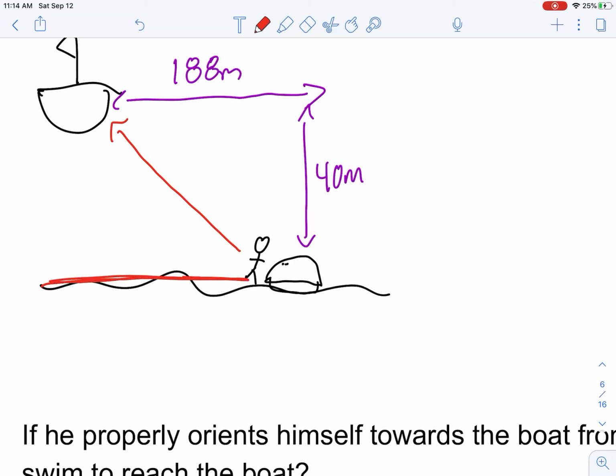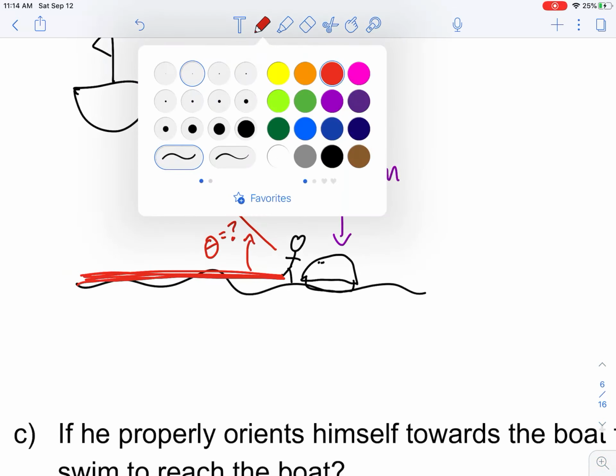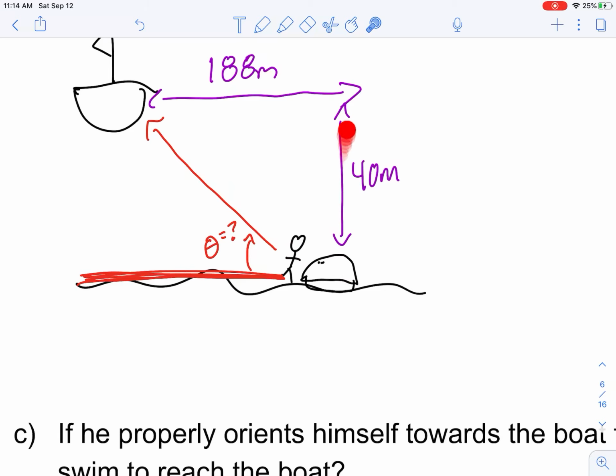Remember, angle of elevation is made by the horizontal. So we have a horizontal and then we're elevating above from it. So this is our question. I'm going to represent this as angle for now, and this is our question mark. Now remember, we can figure that out because we have two triangles that we can deal with. Right now, we only have one triangle.